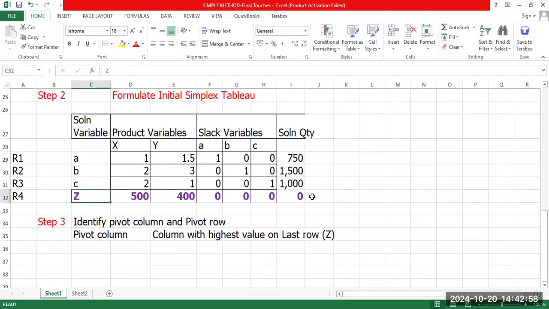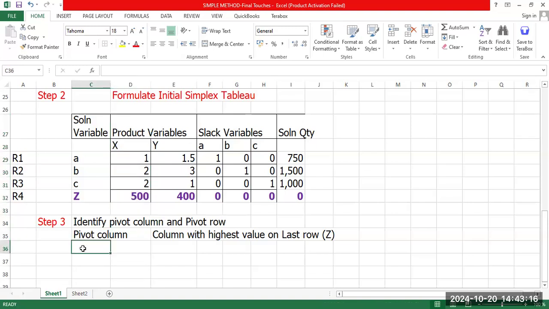When you observe here, this is your Z. Where is your highest value on this row? On this row, the highest value is 500. So this one will be your pivot column.